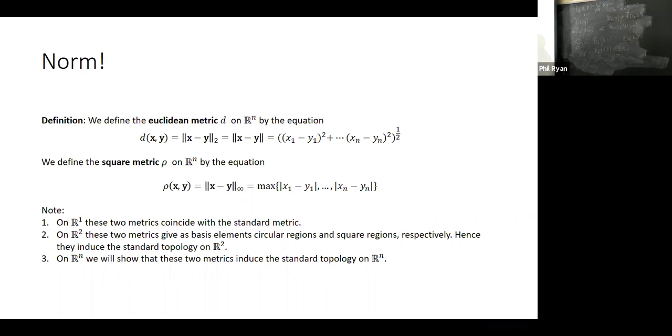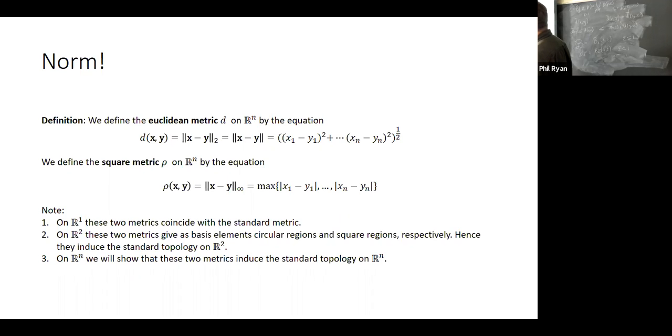I call it the Euclidean norm. Another norm is the square metric, where I think of this as the infinity norm, the supremum norm, where the distance between x and y is the maximum of the differences in the coordinate functions.